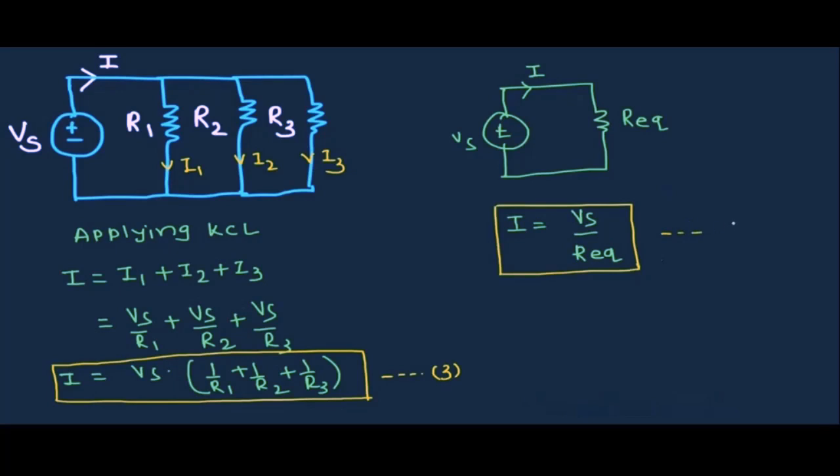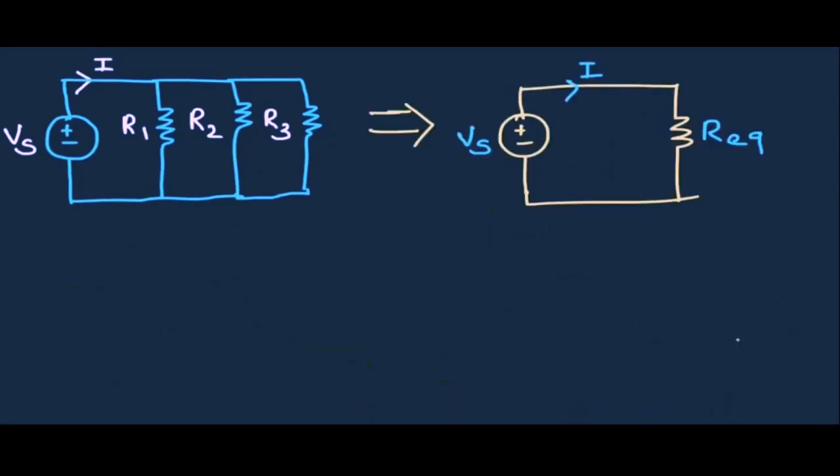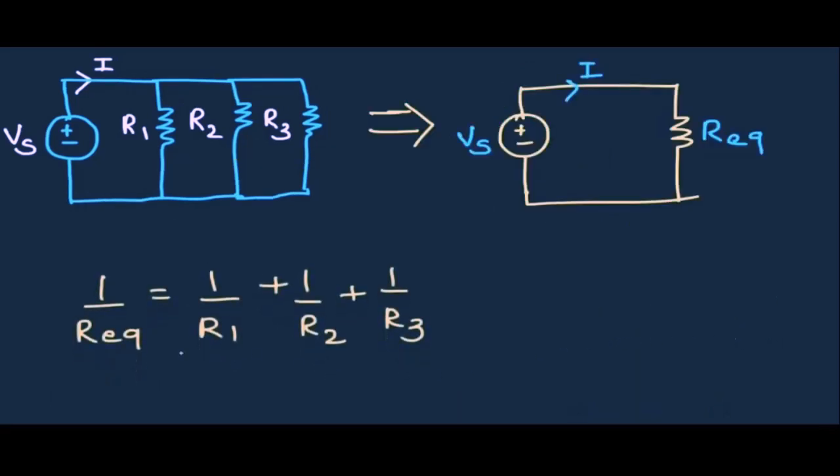Let us say this is equation number 4. So comparing these two equations, we can write Vs over R equivalent is equal to Vs into (1 over R1 plus 1 over R2 plus 1 over R3). So we can write 1 over R equivalent is equal to 1 over R1 plus 1 over R2 plus 1 over R3.